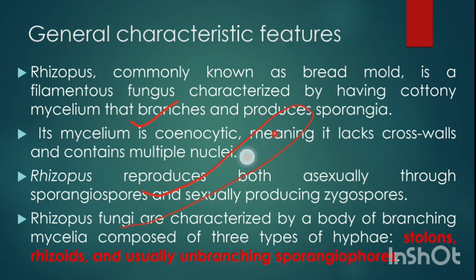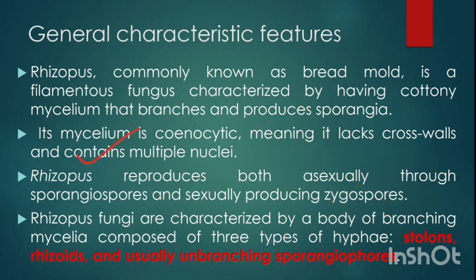So they have many nuclei in a single cell, and this condition is called multinucleate or cenocytic hyphae, because they lack cross walls between their cells, so they have many nuclei in a single cell.